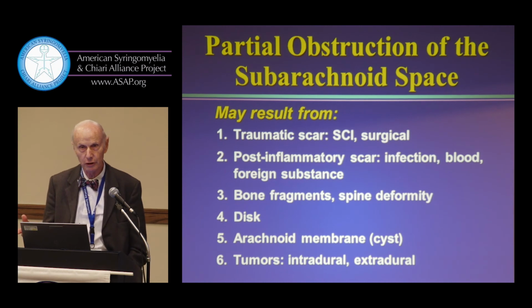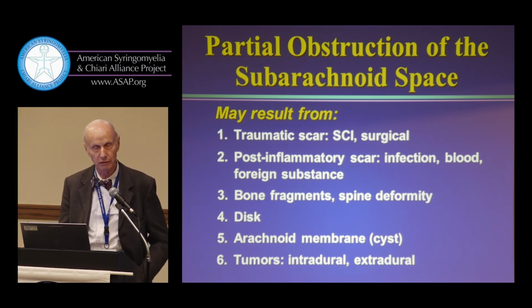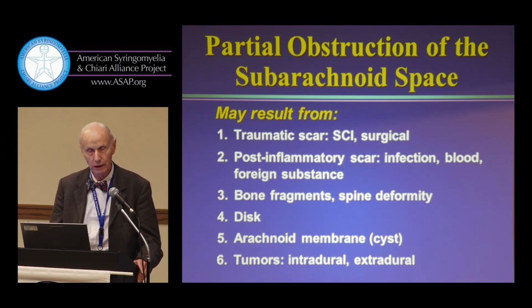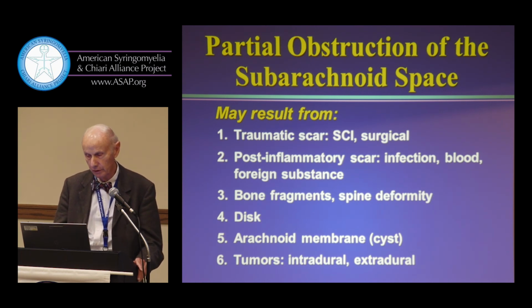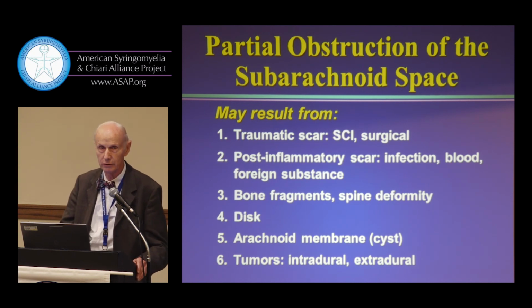Now, partial obstruction of the subarachnoid space, which is the underlying pathophysiology of primary spinal syringomyelia, can result from a variety of factors. A spinal cord injury or surgical trauma can do it. Post-inflammatory scar can result from infection, from blood into the subarachnoid space, such as can occur from an injury or particularly from a subarachnoid hemorrhage, such as a ruptured aneurysm, or from some foreign materials that were injected into the spinal canal.